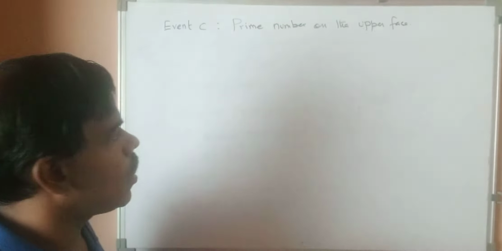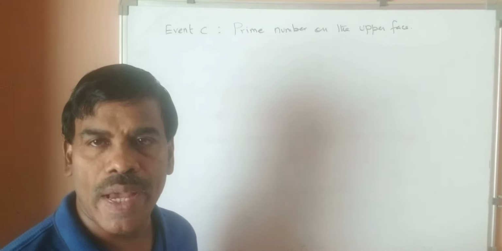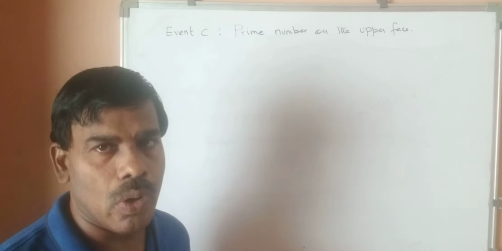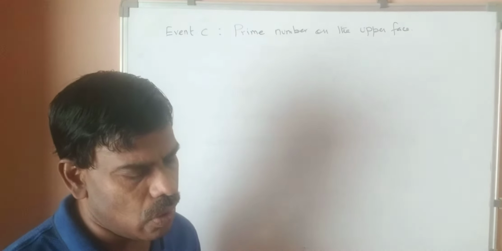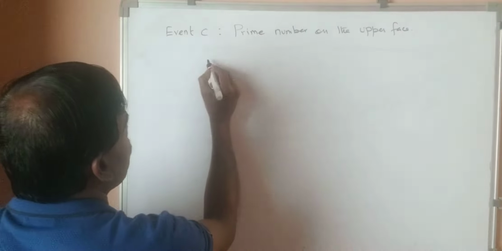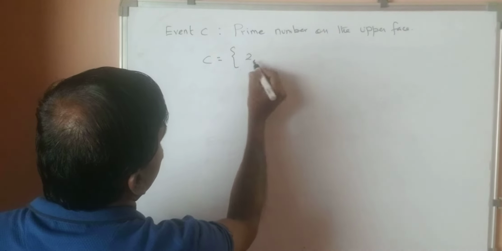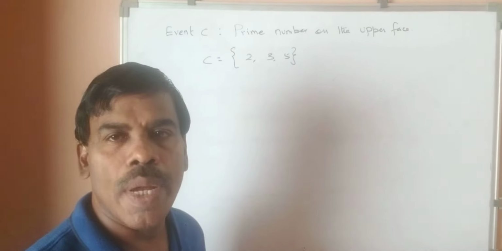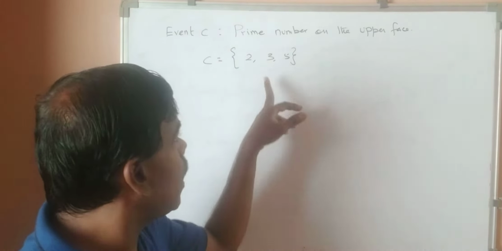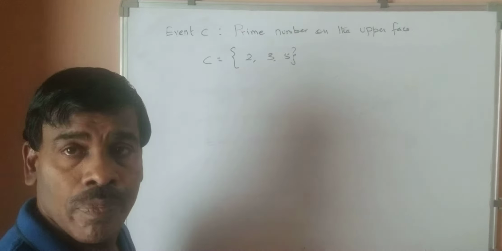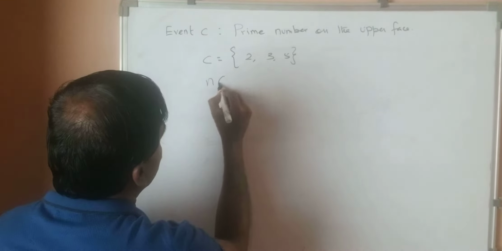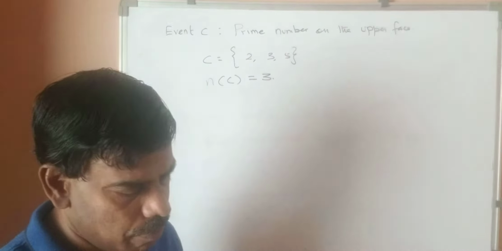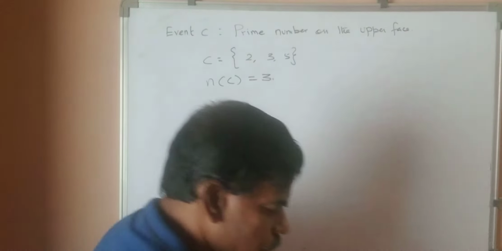So what are the numbers in that? 1, 2, 3, 4, 5, 6. So you will have 2 is a prime number, 3 is a prime number, and 5 is a prime number. So {2, 3, 5}. So how many elements or members are there in this set? 3. Therefore, sample points of the set equal to 3. That's all. Now similarly, we will see one more example.